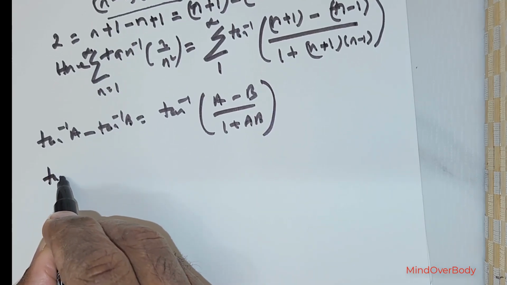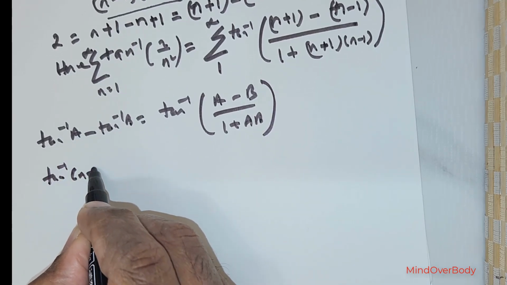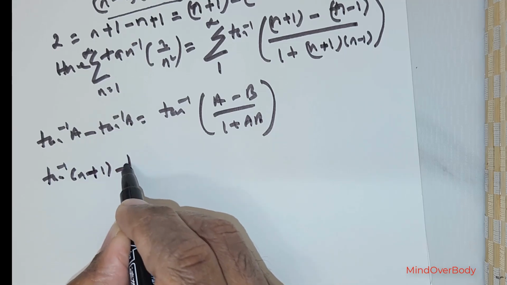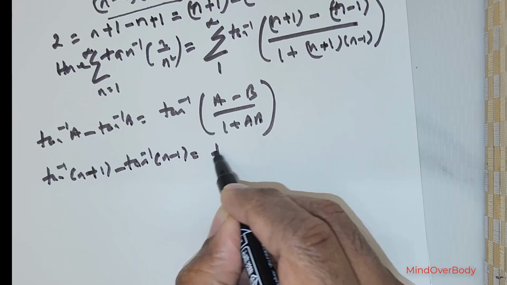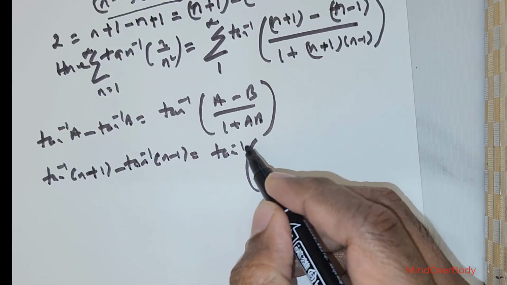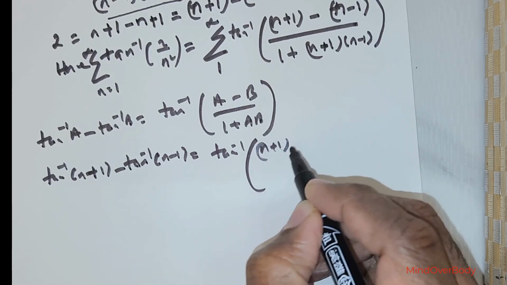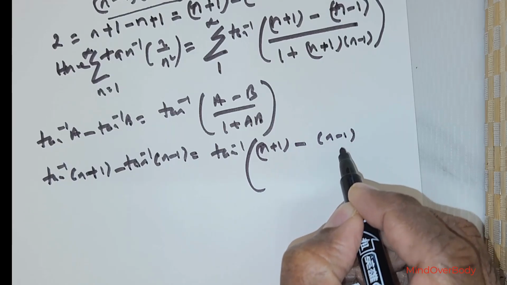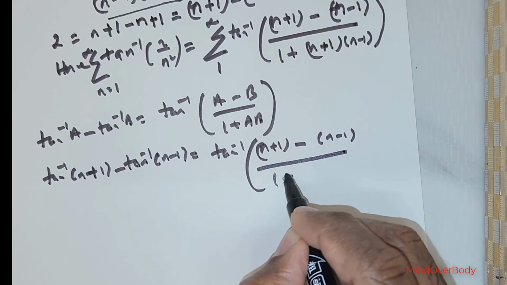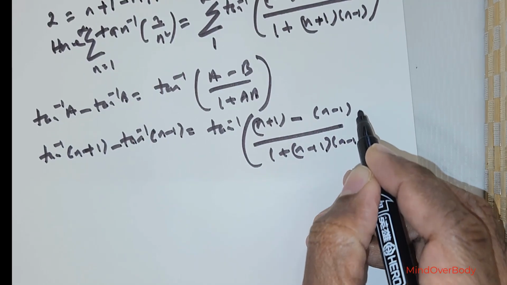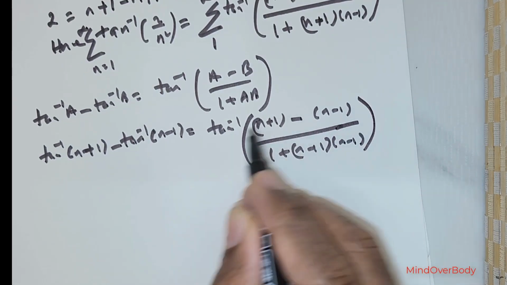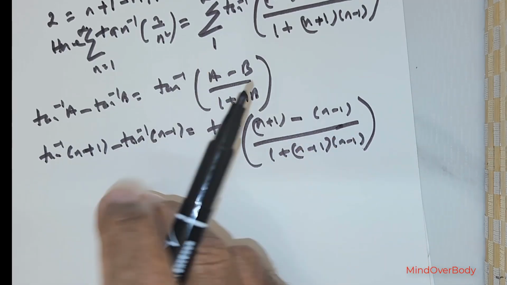So in place of a, if I were to rewrite it as n positive 1, in place of b, if I were to rewrite it as n negative 1, this is going to be tan inverse of n positive 1 negative of n negative 1 divided by 1 positive n positive 1 multiplied with n negative 1. Okay, so in place of this I can substitute this.